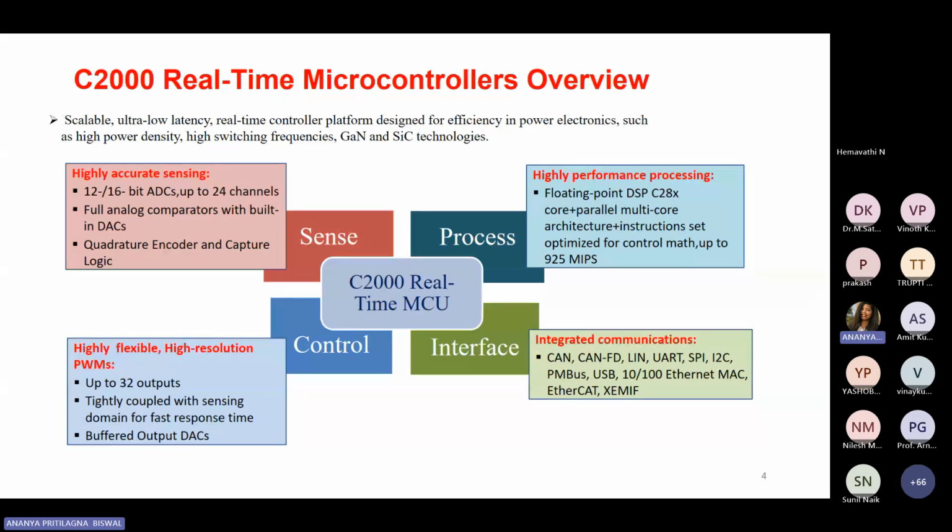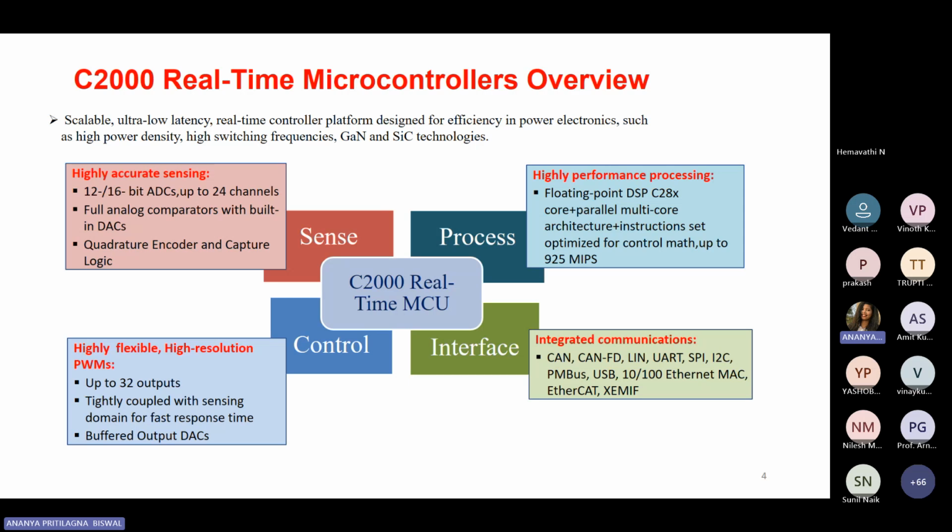The real-time microcontrollers are scalable real-time controller platforms designed mainly for efficiency in power electronics devices, such as high power density, high switching frequency, and also for GaN devices. We are generally using SiC, but we can also use GaN devices.